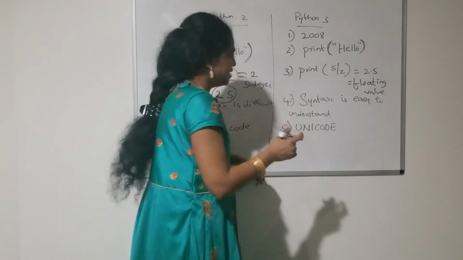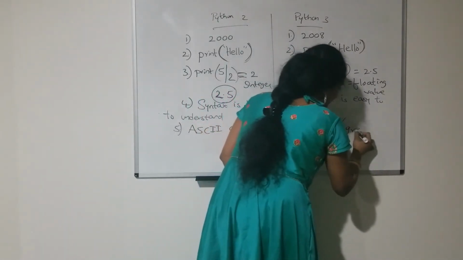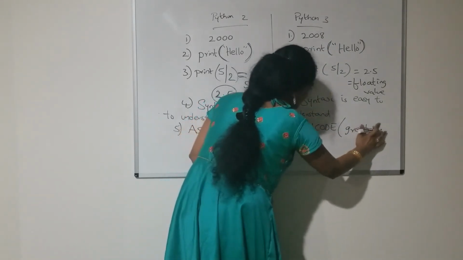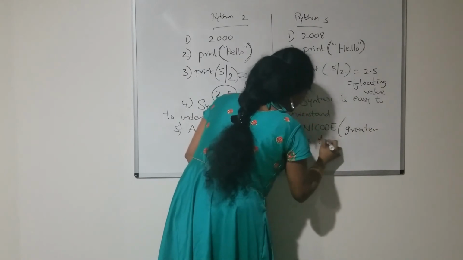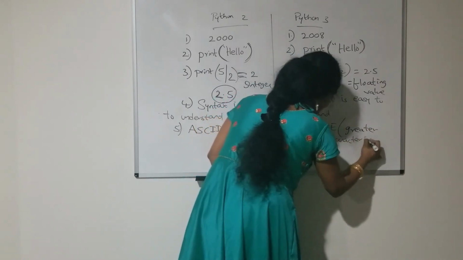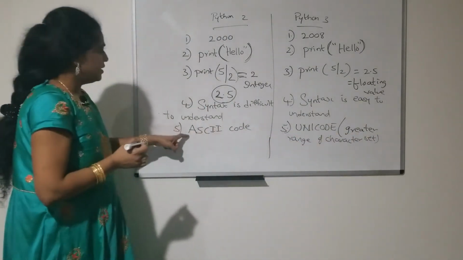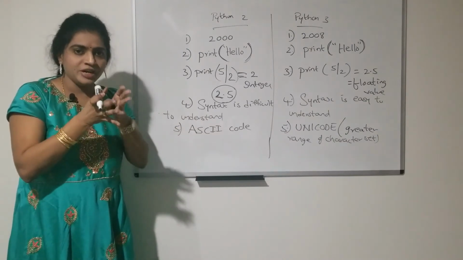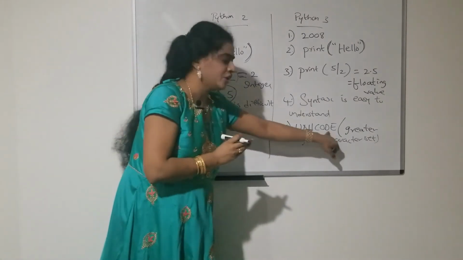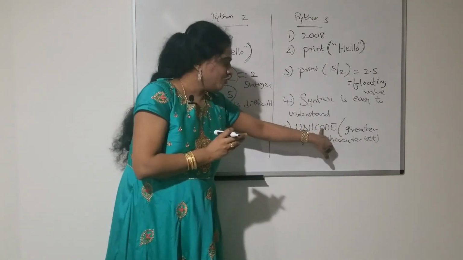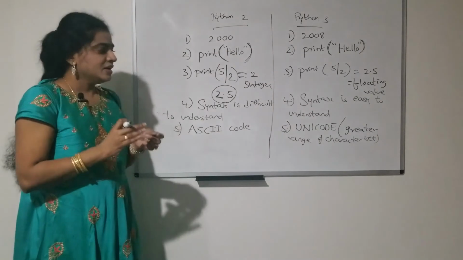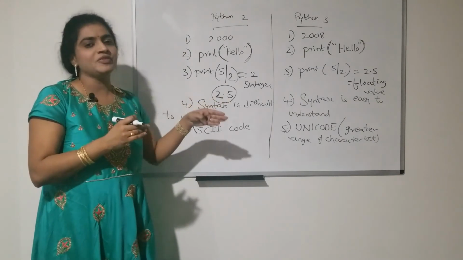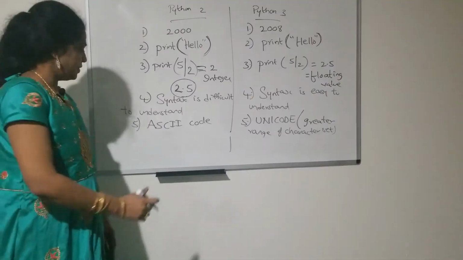Unicode means we can store a greater range of character sets compared to ASCII. So what is the advantage of Unicode? We can represent a greater range of character sets compared to ASCII code.